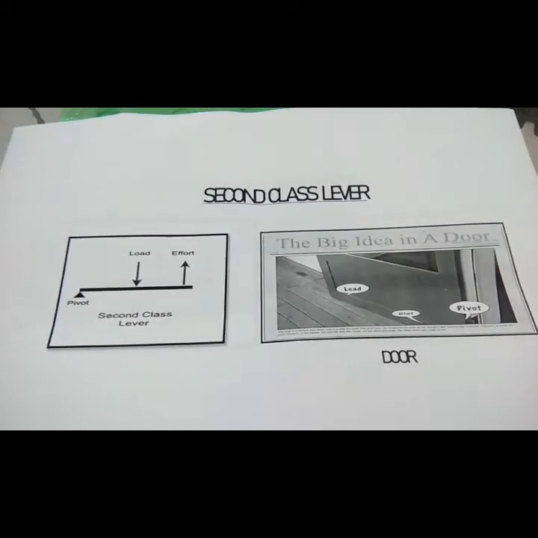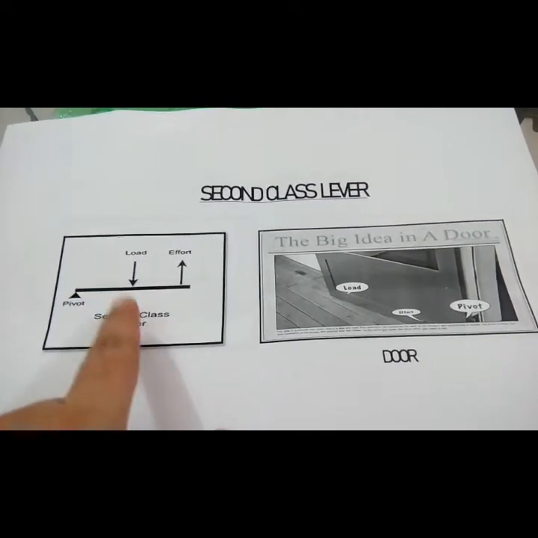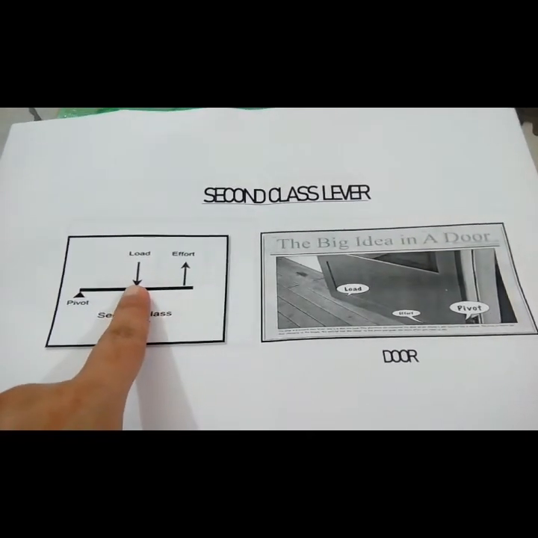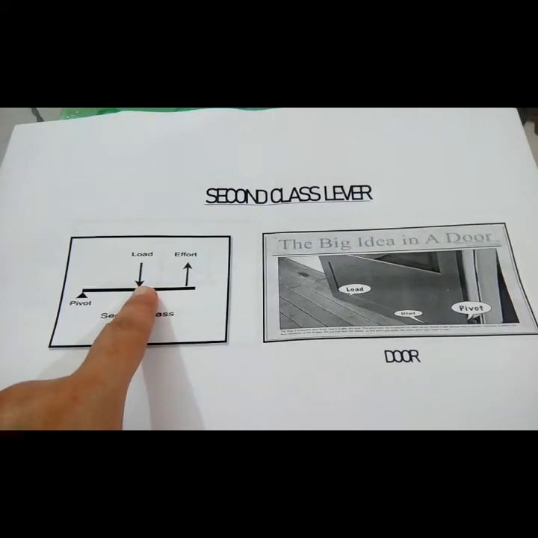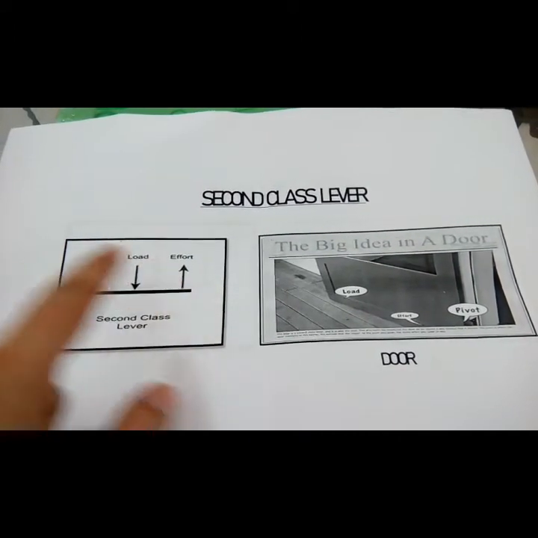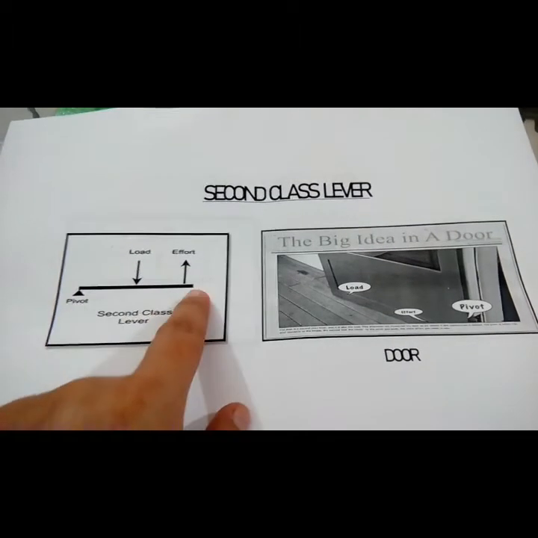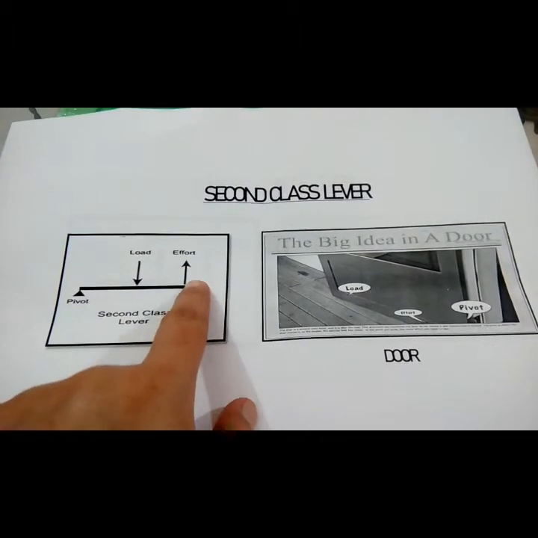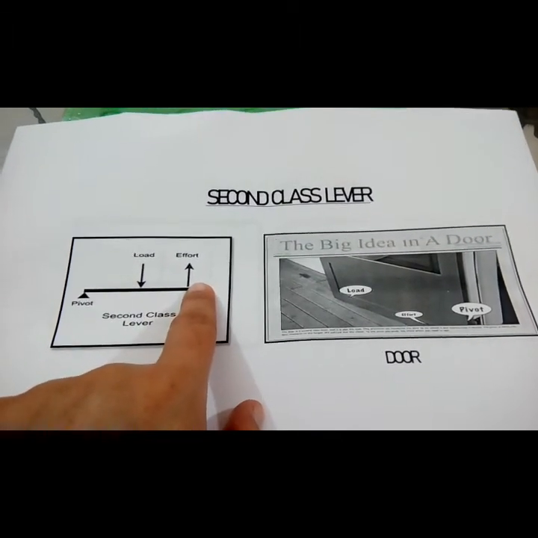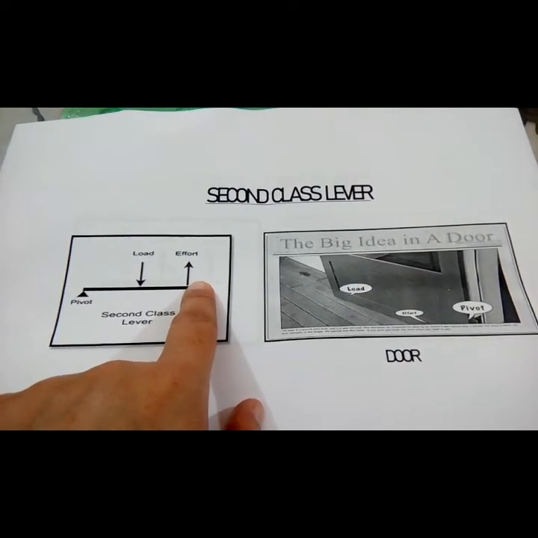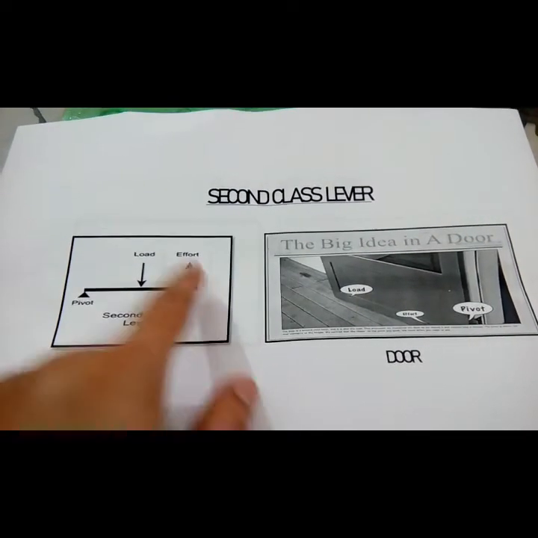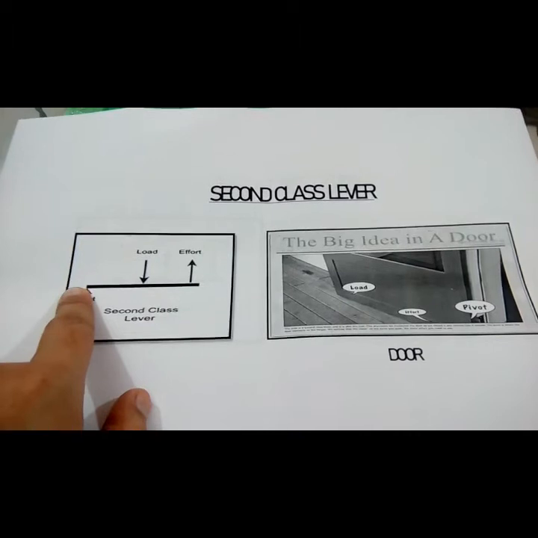In a second class lever, the resistance or load is between the effort and the fulcrum. The effort is applied on one side of the resistance and the fulcrum is located on the other side.